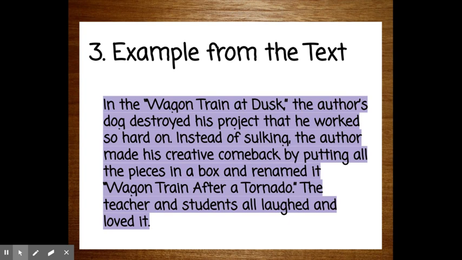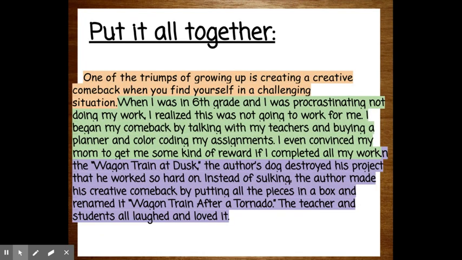The teacher and students all laughed and loved it. So here I am. Again, I used the text that we are using, Wagon Train at Dusk, and I made sure to state it. And then I told the reader what happened and how the author had this creative comeback. What did he do? And I explained it.